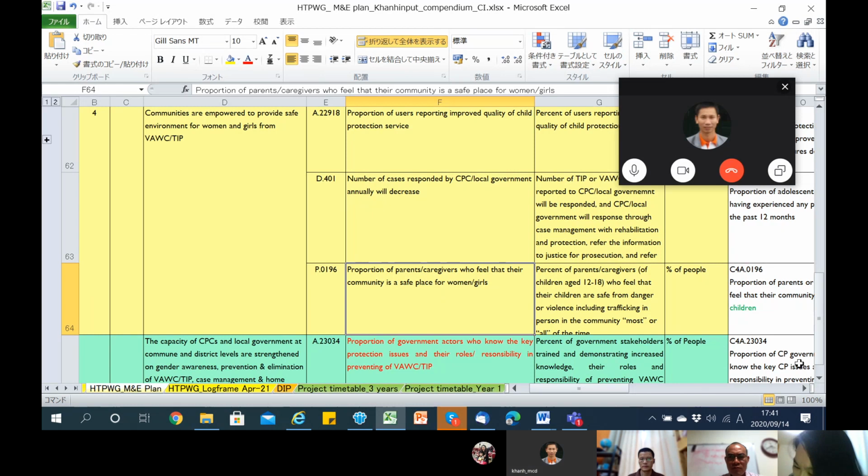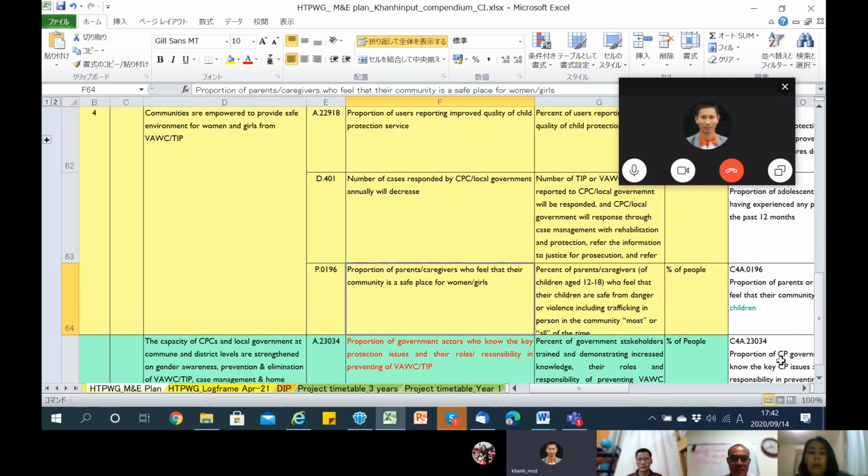Okay. Number of cases per commune. Average, or sum if we count the total. For example, we have 7 communes. After we survey, we have the total for 7, or we have the average number of cases per commune per year. Per year, yes, annually.